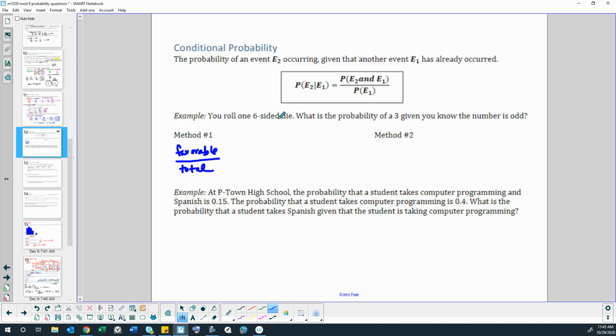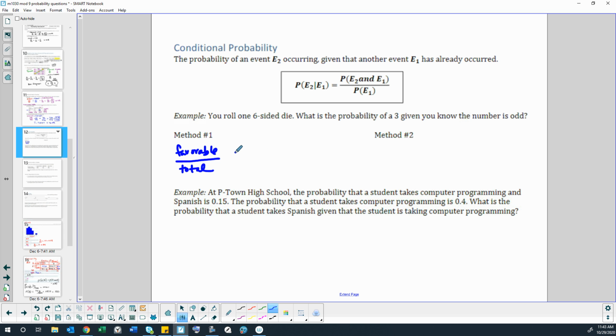You roll one 6-sided die. What is the probability of a 3, given that you know the number is odd? So I throw a die and I say, oh, it's an odd number. You automatically know that it's one of 3 possibilities. So what's the probability that the number I'm looking at on that die is a 3?